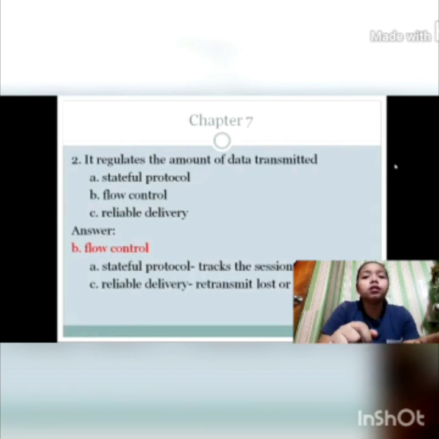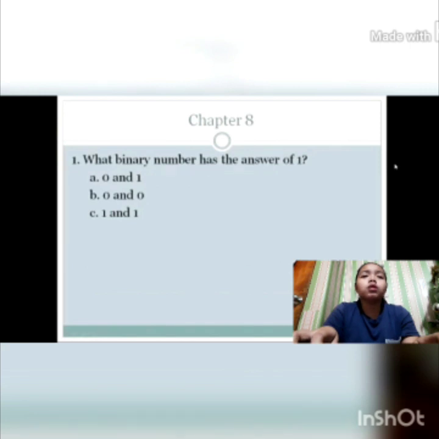The answer is letter B, flow control. The letter A, stateful protocol tracks the session, and the reliable delivery letter C is retransmit lost or unacknowledged data.